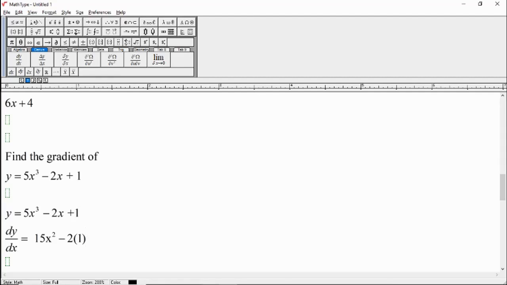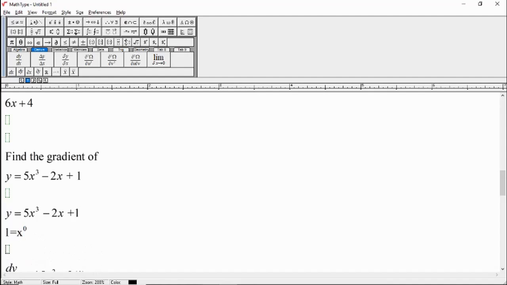And here in this question, plus 1. Now 1 is a constant. But writing 1 is the same as writing x to the power of 0. See it as that. So when you're differentiating, you'd write it like that, x to the power of 0.